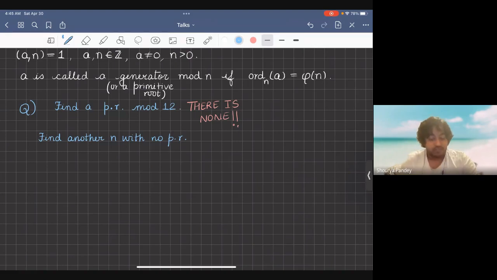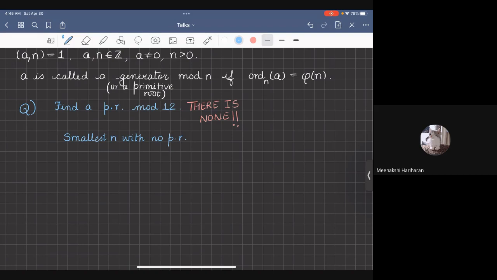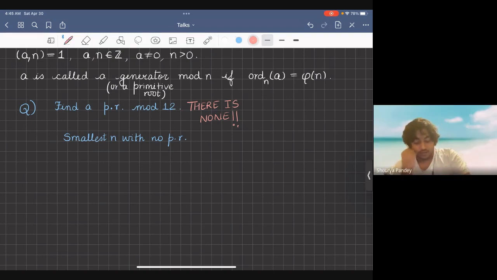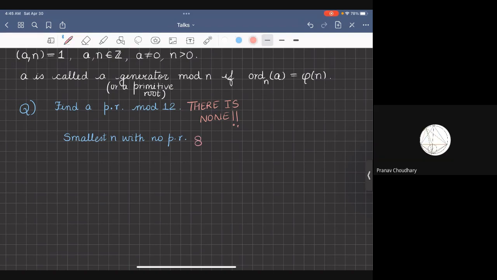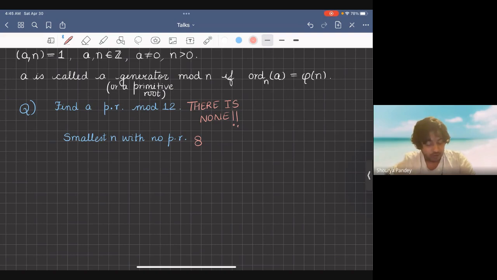What's the smallest n with no primitive root? 8 also doesn't have one. Yes, 8. In fact, you can see it directly, because if x is an odd number, then x squared minus 1 is a multiple of 8.